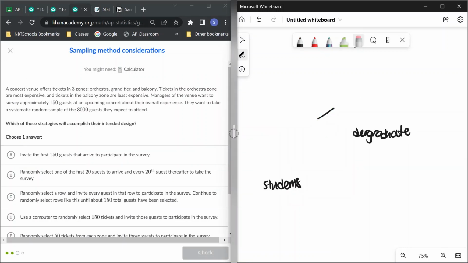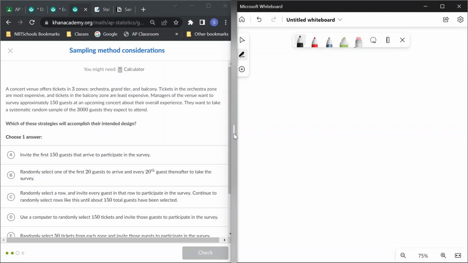A concert venue offers tickets in 3 zones. Tickets in the orchestra zone are more expensive and tickets in the balcony zone are less expensive. Managers want to survey approximately 150 guests at an upcoming concert about their overall experience, using a systematic random sample.